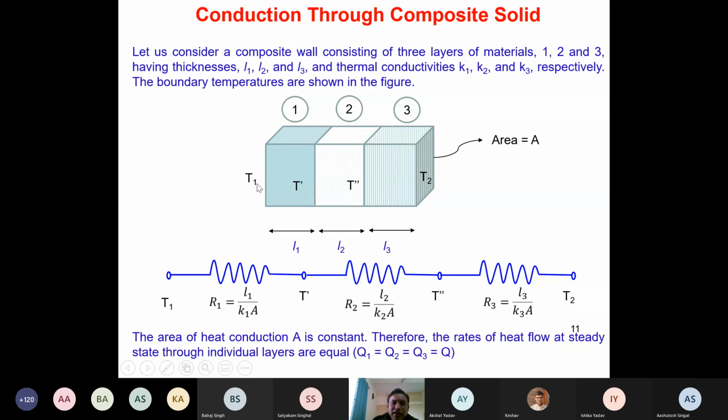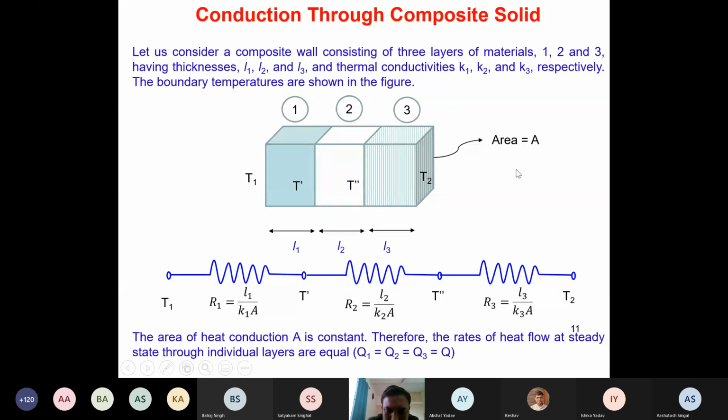The temperature on the left hand side of layer 1 is T1 and the temperature on the right hand side of layer 3 is T2. The temperature at the interface of 1 and 2 is T dash and the temperature at the interface of 2 and 3 is T double dash. The cross sectional area is common for all 3 layers, equal to A.